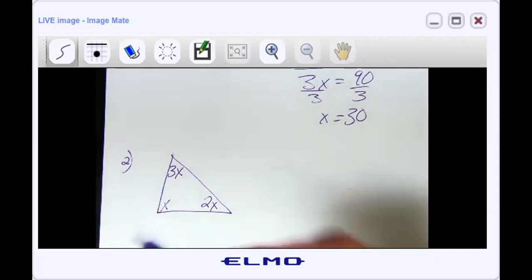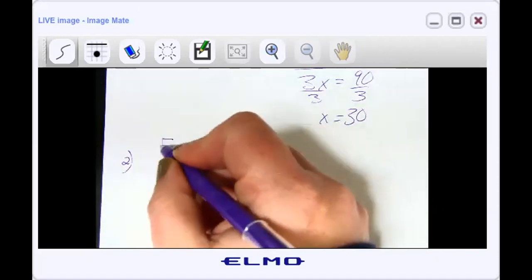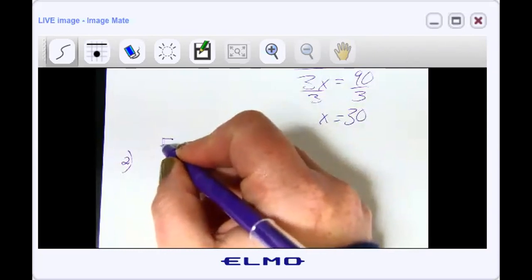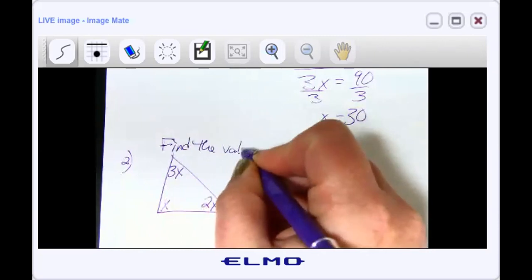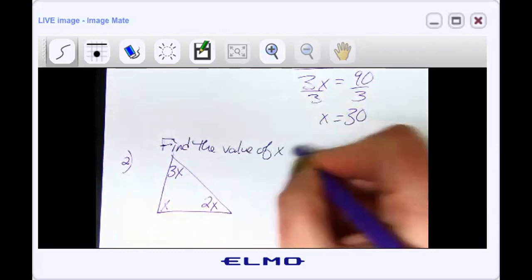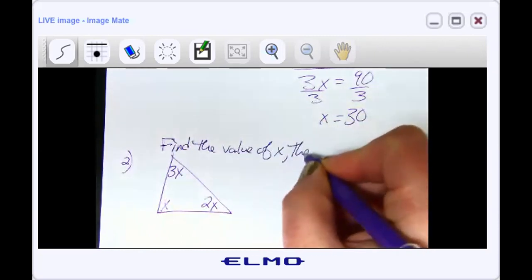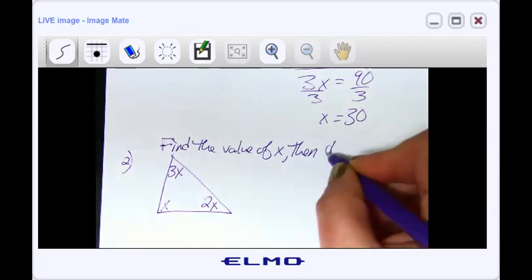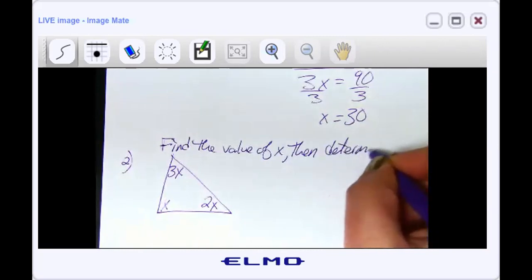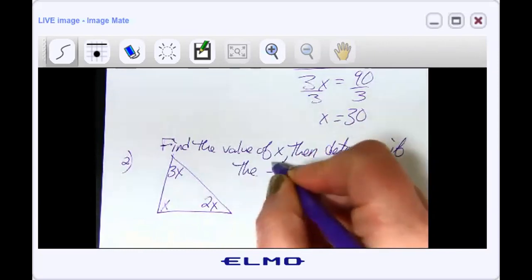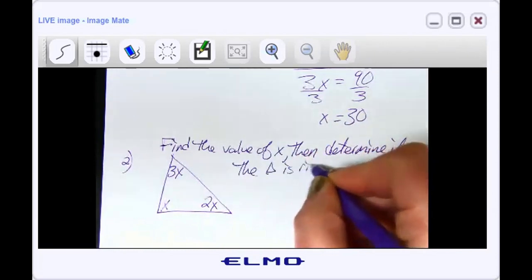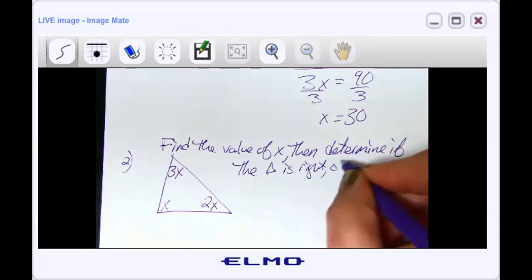So I'm going to ask you to find the value of X, and then I'm going to ask you to determine if the triangle is right, obtuse, or acute.